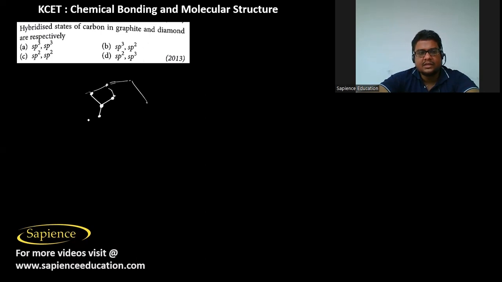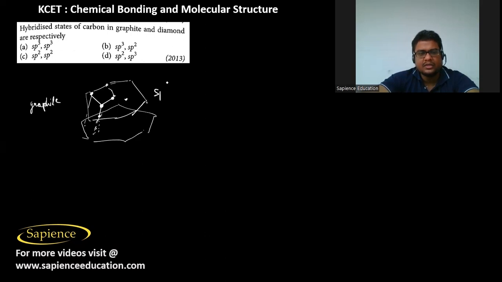Consecutive layers are separated by weak bonds in case of graphite. These weak bonds are some weak van der Waals forces. In each layer, every carbon atom is linked with 3 other carbon atoms.